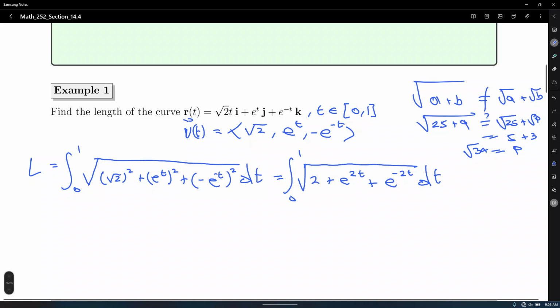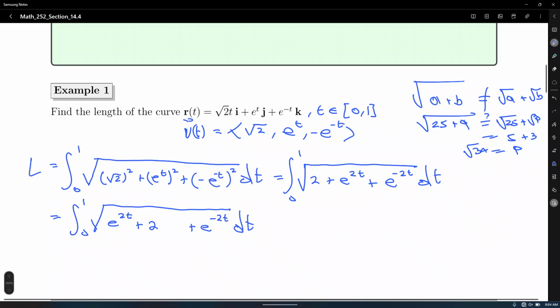I'm going to write this in a slightly different way: the integral from 0 to 1 of the square root of e to the 2t plus 2, and I'm going to leave a space for something you'll see, plus e to the negative 2t, dt. Somehow we're going to turn that expression inside of the radical into a perfect square trinomial, write it as a binomial square to cancel that square with the radical.